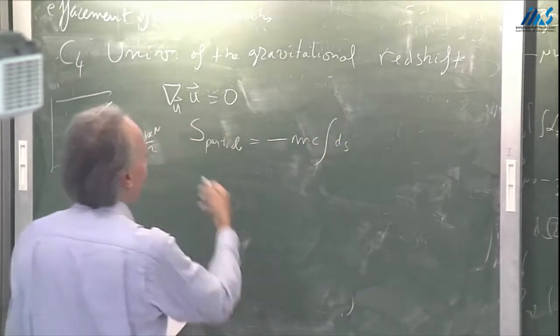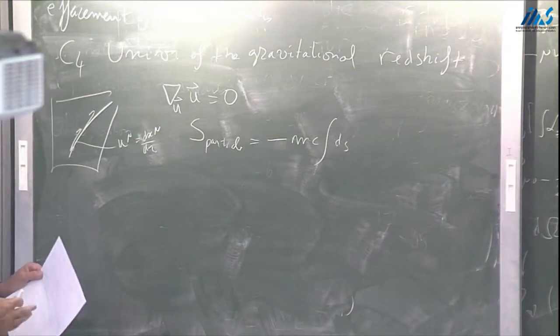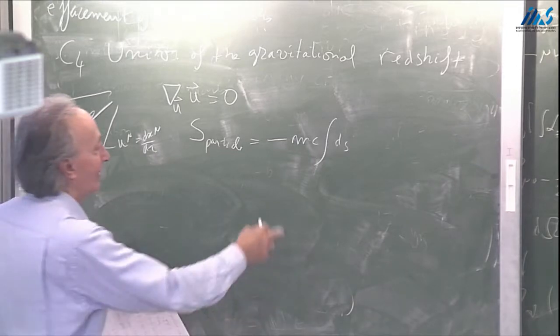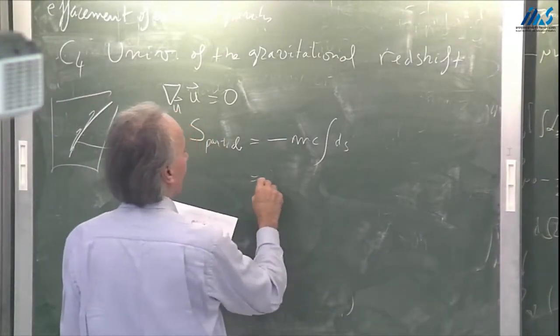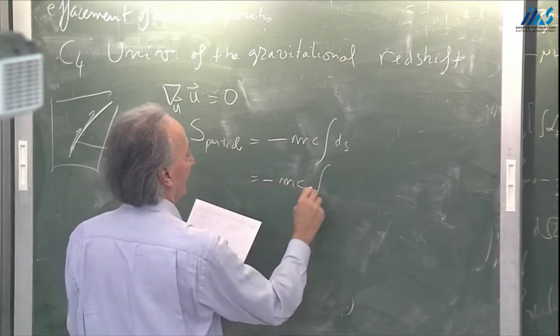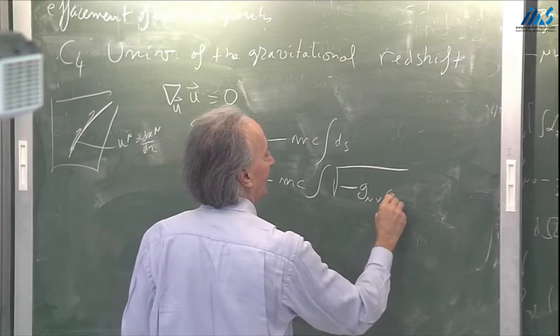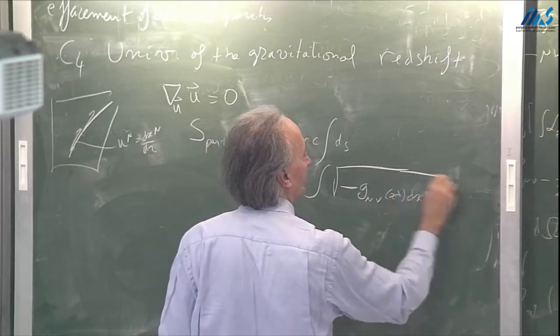This equation, being the analog of a straight line, comes from writing that it is the minimal length, or let's say the extremal, of this action with a minus sign: minus mc integral of the square root of minus g_μν(x(λ)) dx^μ dx^ν.